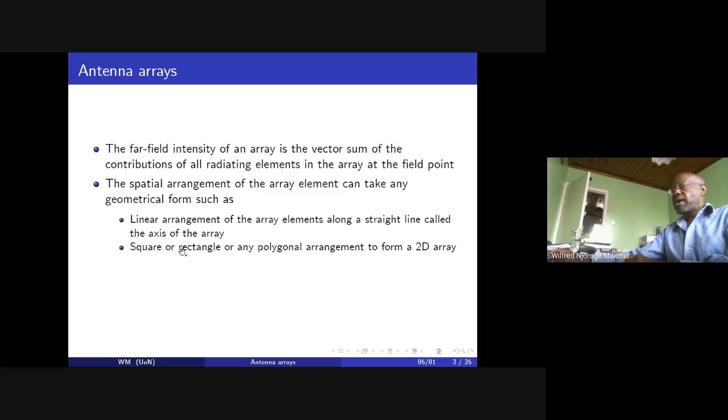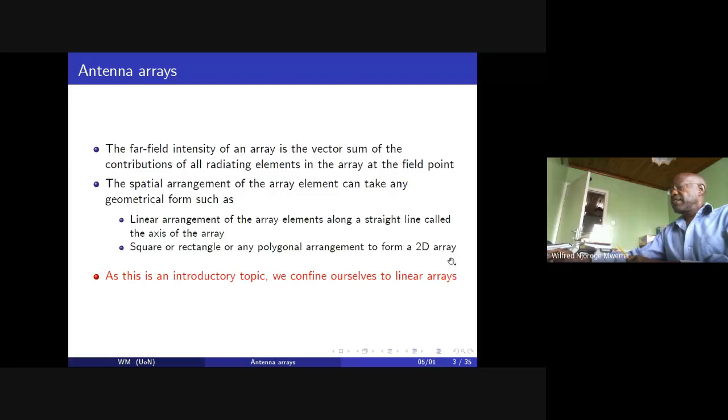So these square or rectangular ones, if you are conversant with a MIMO system that will be used with a 5G communication system, most of them will be arranged in a square or rectangular array form, to maximize or to do what we call beam forming.